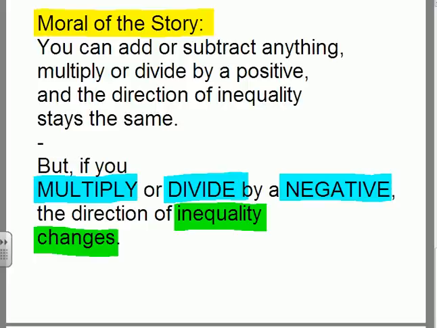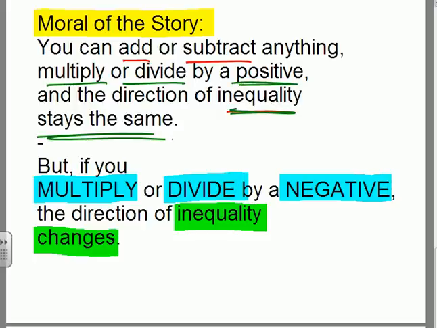So there is a moral to this story, mathematicians. When you have an inequality, you can add or subtract anything you want from both sides, as long as it's the same, and the inequality stays the same. Likewise, you can multiply or divide, but if it's by a positive only, then the inequality stays the same.